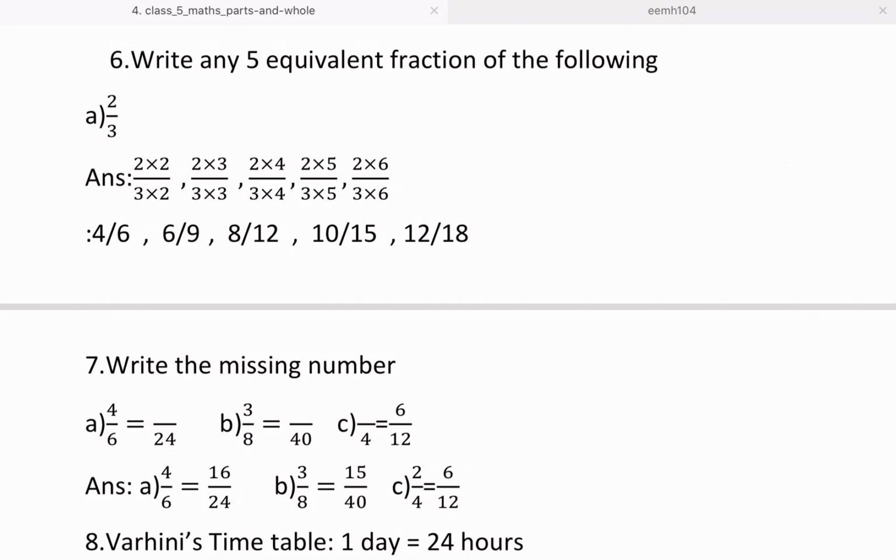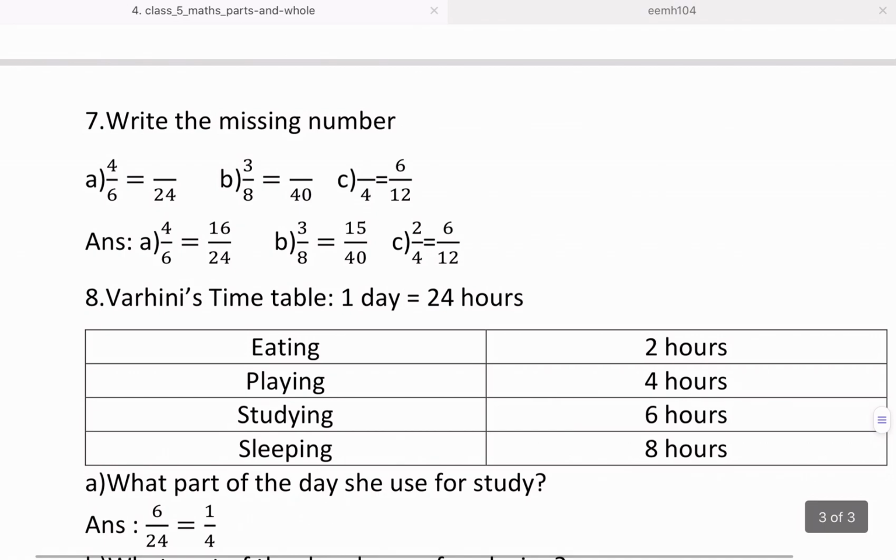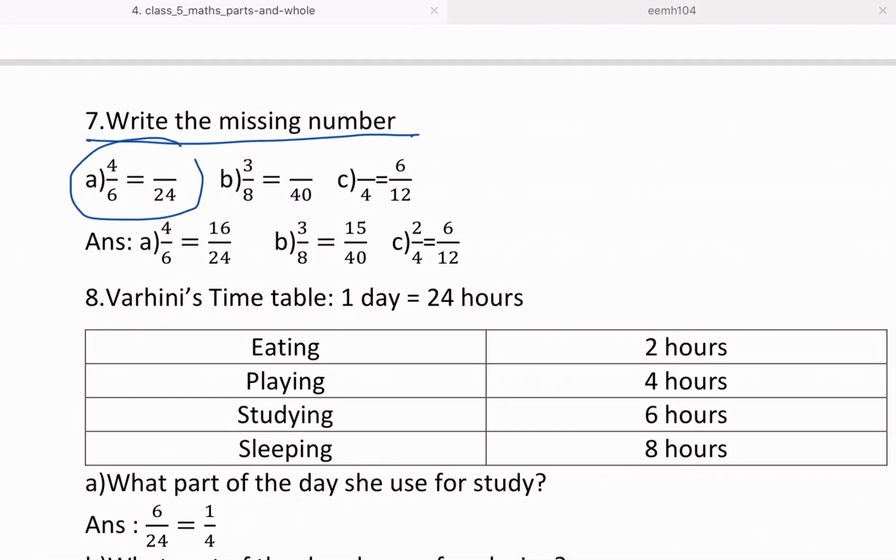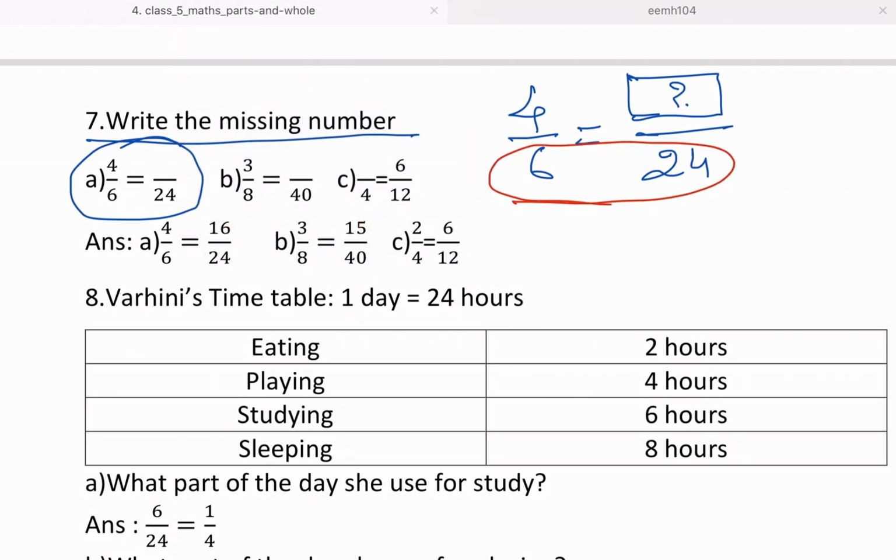Now come to another. Write the missing number. Here is the fraction: 4 by 6 equals dash by 24. You will find the numerator of this fraction. So first you have to find the relationship between these numbers 6 and 24.